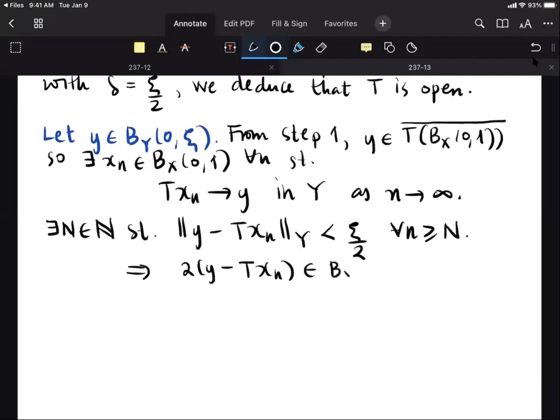The ball in y with a radius c. So here we multiply by 2. And let's pick one index, and that's capital N.